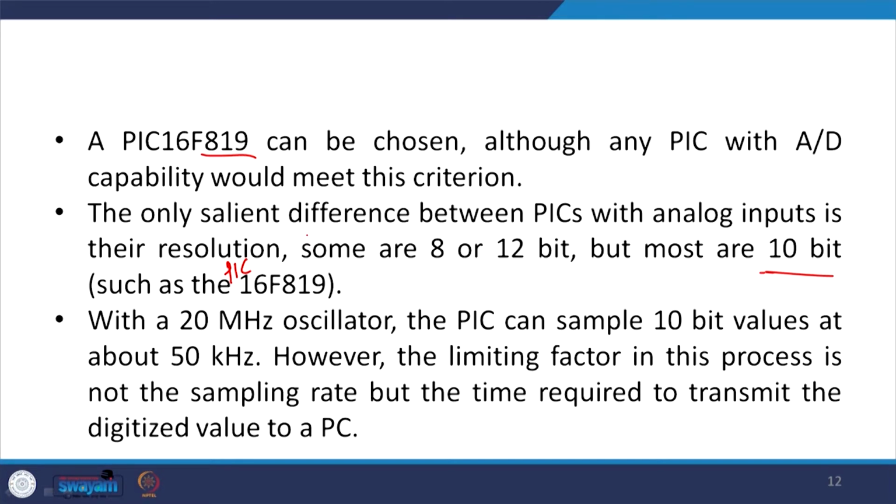However, the limiting factor in the process is not the sampling rate, but the time required to transmit the digitized value to a PC. Now, the fastest standard serial baud rate for the PIC is 38,400 bits per second, because each byte of data is limited to 8 bits. So, each 10 bit value is split into 2 bytes, plus the start and stop bit for each byte that has to be sent.